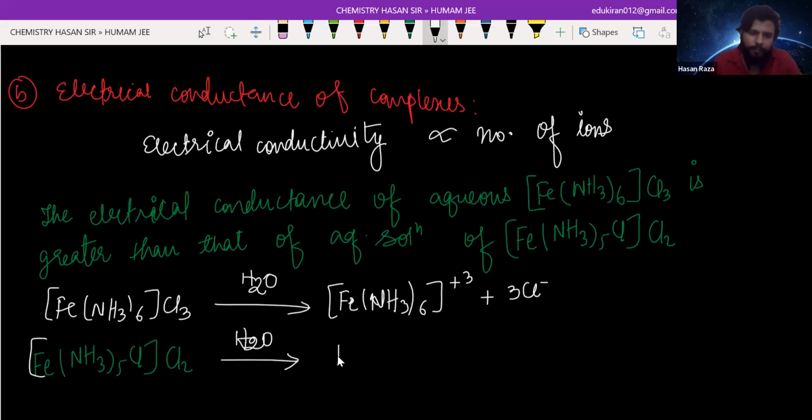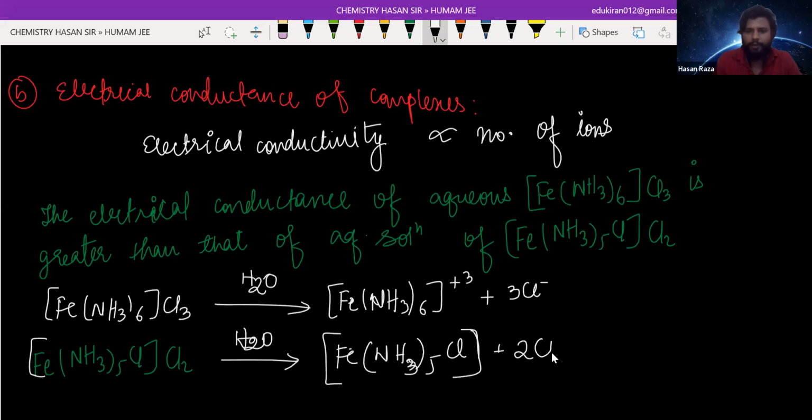This will be converted into [Fe(NH3)5Cl]2+ plus 2Cl-.